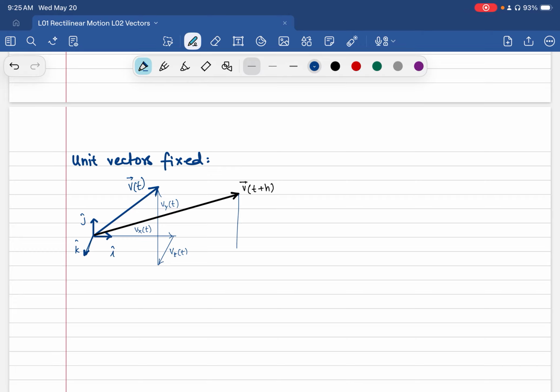In this case, let's say that this much is your Vy component, and you have this much as your x component, and this much as your z component. So this here is Vx of t plus h. Sorry, there's Vy of t plus h. This here is Vx of t plus h, and this here is Vz of t plus h.